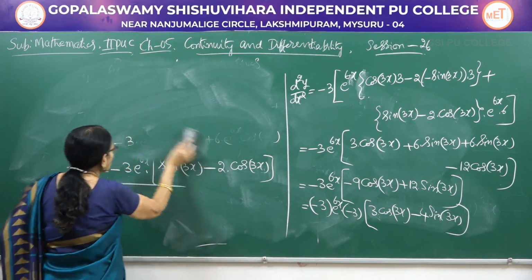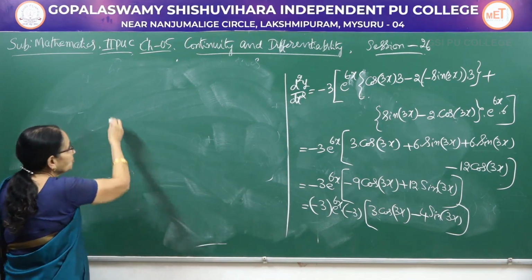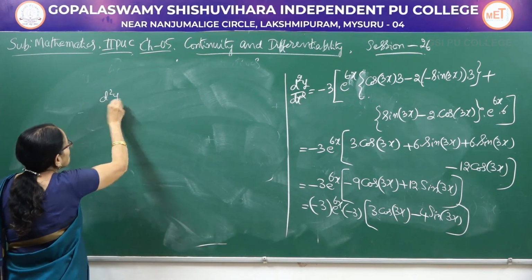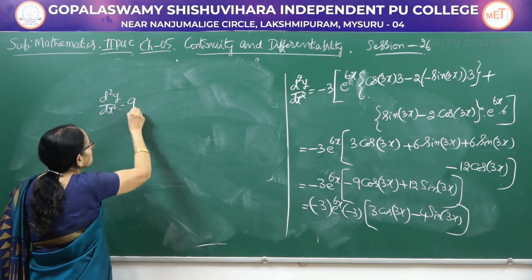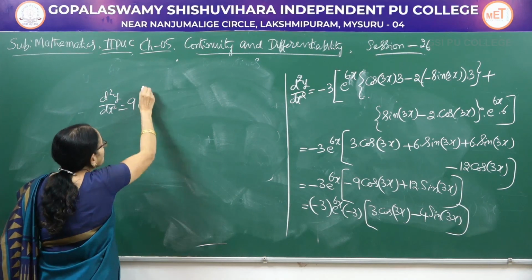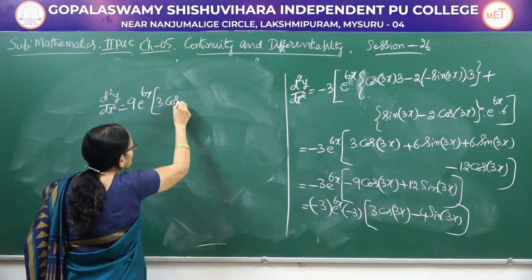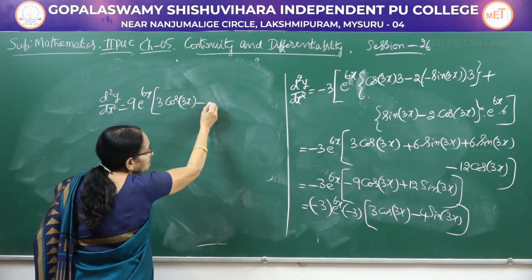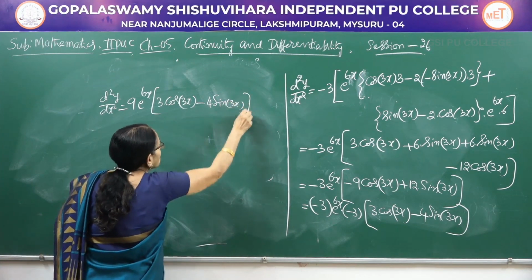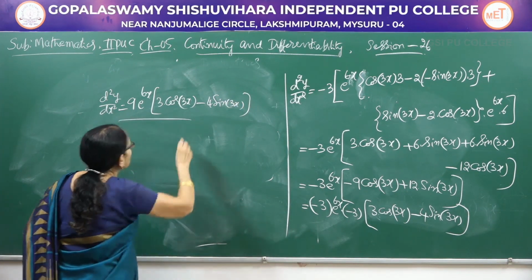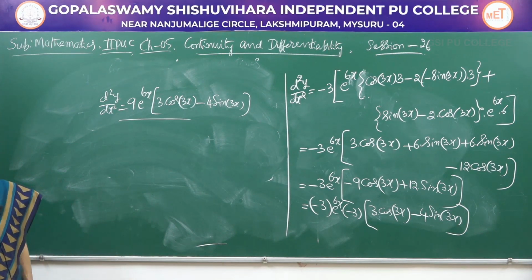Now, let me write finally multiplying all the terms outside the square bracket. Therefore, the second derivative d square y by dx square equals minus 3 into minus 3 is 9, it is 9 into e to the power 6x into 3 cos 3x minus 4 sin 3x. Now, this is the answer, the second derivative of the given function.